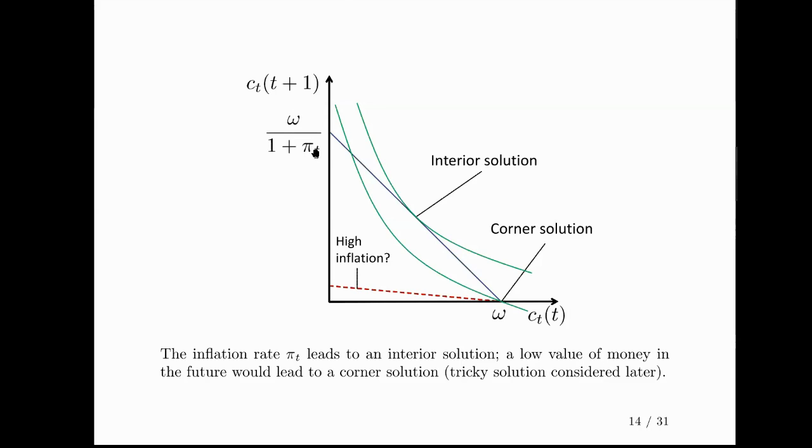Normally I would get something like an interior solution, which would look like this. But we want to allow for the crazy possibility of a corner solution in which I consume everything in period T.